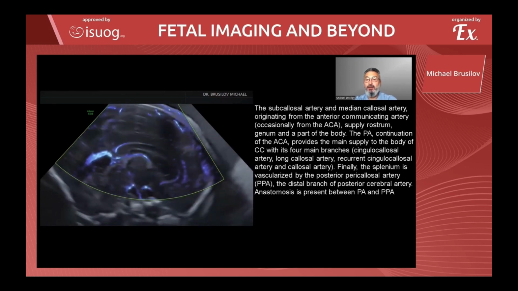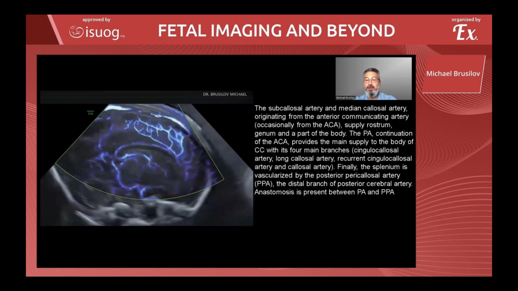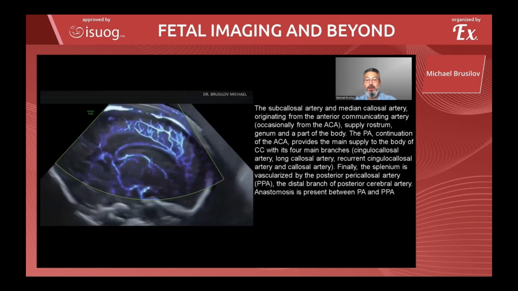The pericallosal artery, a continuation of the anterior cerebral artery, provides the main supply of the body of the corpus callosum with its 4 main branches.